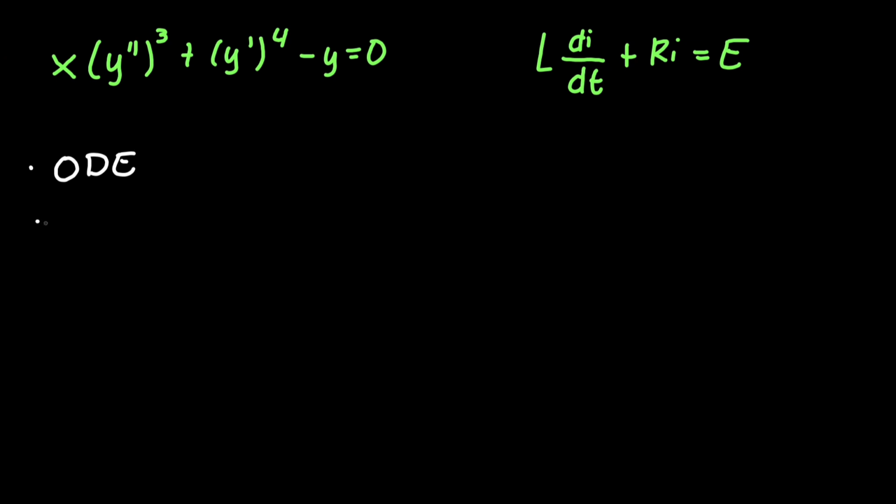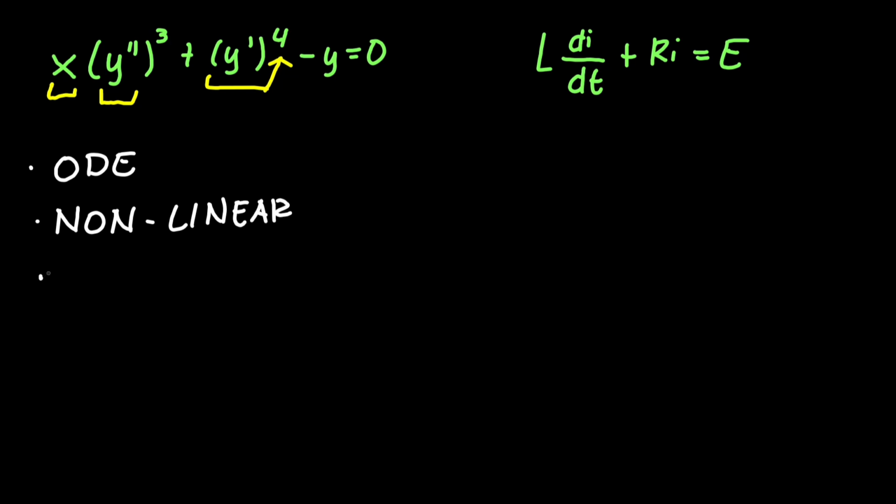So, next up, is it linear or nonlinear? You can see here that a variable was multiplied by a derivative, and also because the derivative has an exponent greater than 1, that is a sign that it is a nonlinear equation.